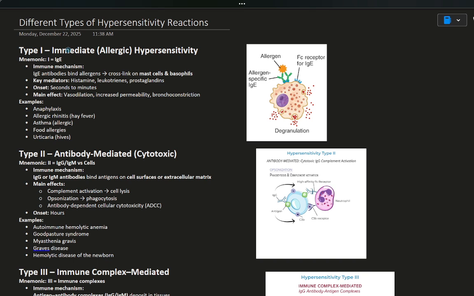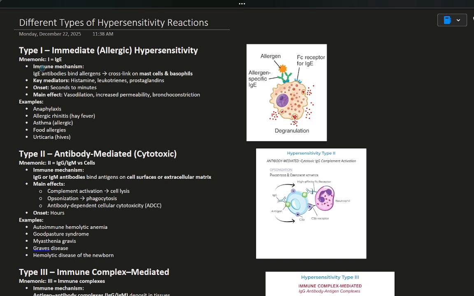This is also known as the immediate or allergic hypersensitivity reaction. Now, the important immunoglobulin in this type is the immunoglobulin E, or IgE. And so, the way you can remember this is that type 1 stands for IgE.